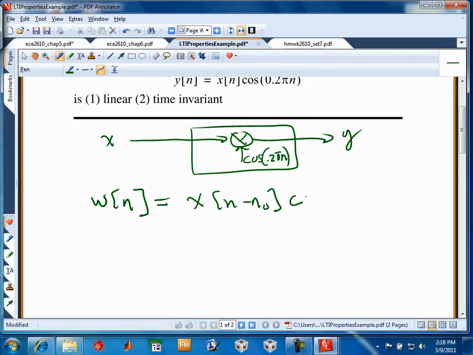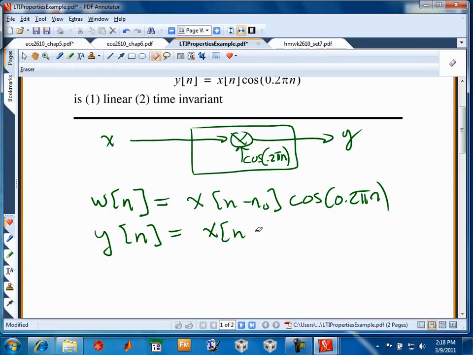And then, of course, that time varying weight gets applied, cosine 0.2 pi n. And then the other part of the proof says we then apply the undelayed input to form y of n. That would be x of n times the time varying gain.